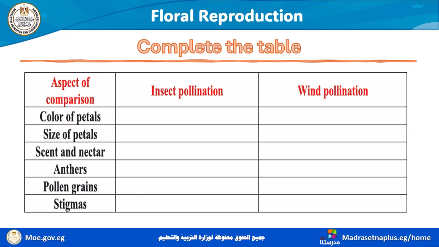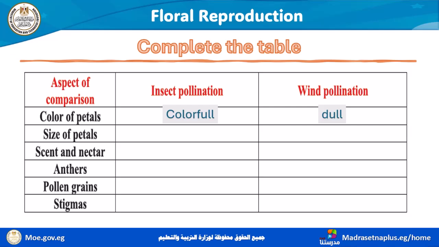In case of insect pollination, the petals are colorful to attract the insects. In case of wind pollination, the color of petals is dull because there is no need to have a bright color to attract the insects.